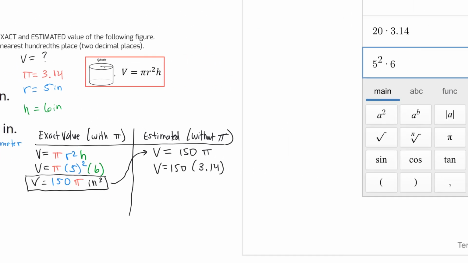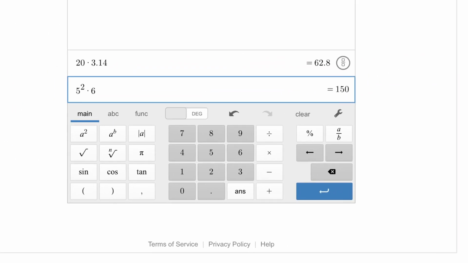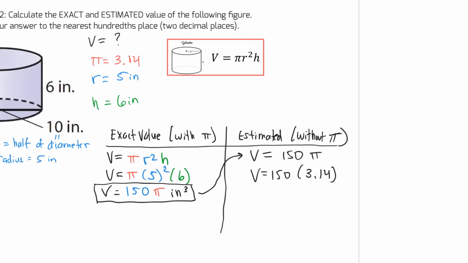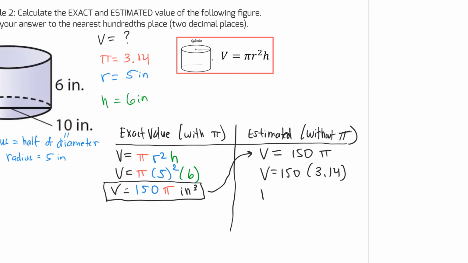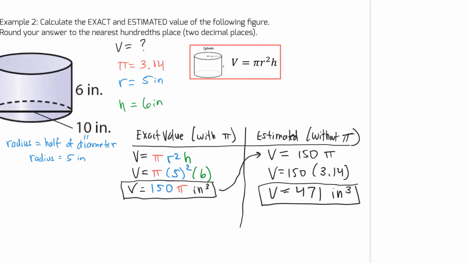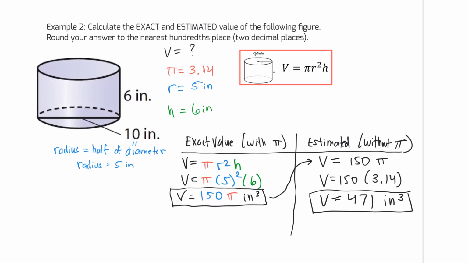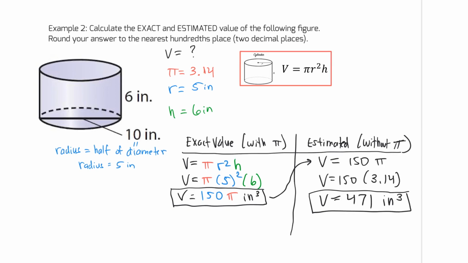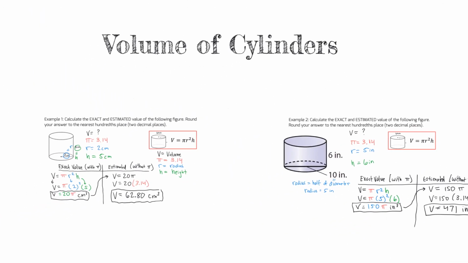Plug that into my calculator: 150 times 3.14, and we get 471. So the volume is 471 inches cubed. That's it. We have our estimated value and our exact value. This is everything that we did. That's the volume of cylinders.